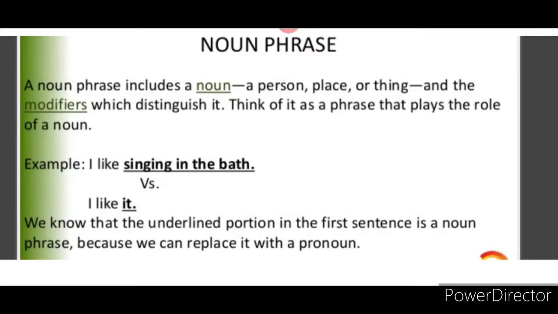I hope you have understood children. Noun is a naming word, and along with that we get a modifier. It's a group of words. That is the noun phrase. Some examples: the white car, the English teacher, the bookshop, the pink house. Okay children, I hope you have understood what is noun phrase.